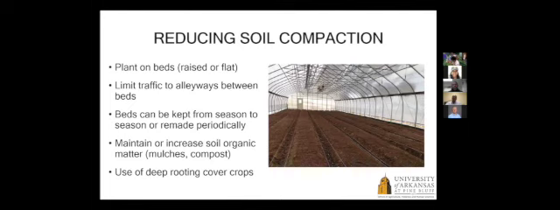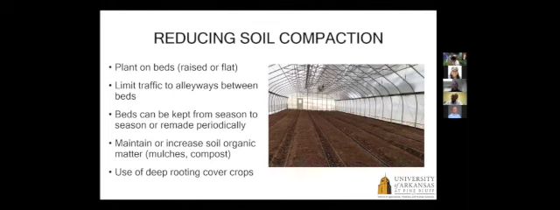The other thing we can do is keep adding organic matter to those soils. Like we said, the organic matter is what helps to improve the quality of the soil. We can add organic matter, using mulches for weed control that you incorporate into the soil at the end of the season. Or we can add compost to those soils.